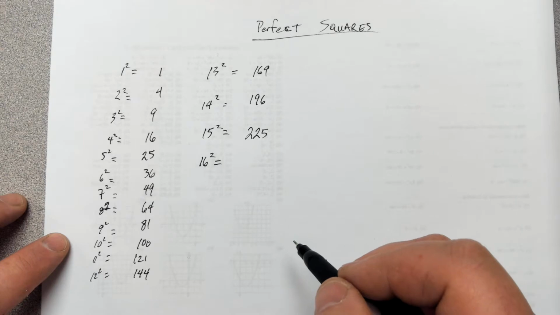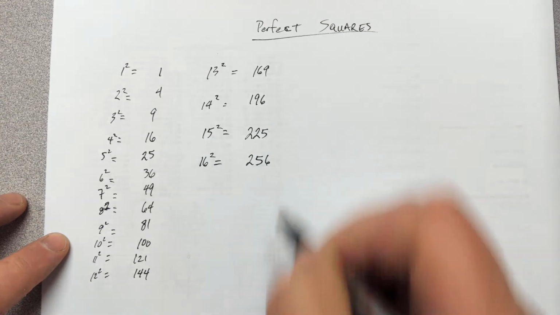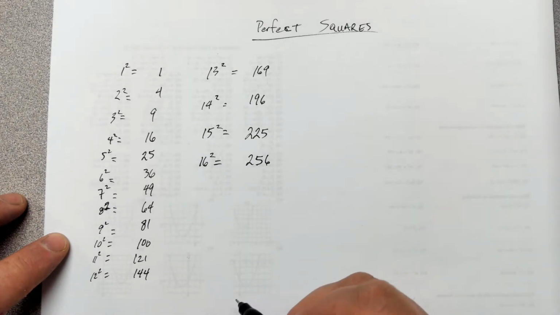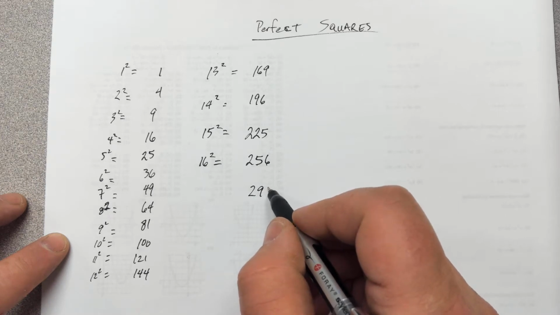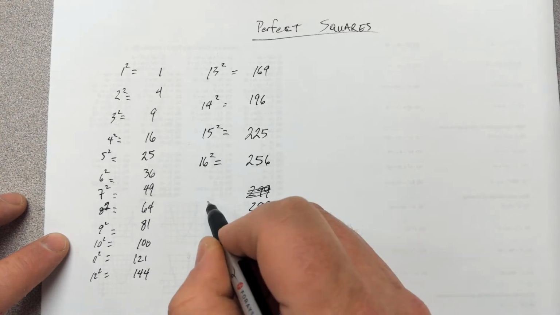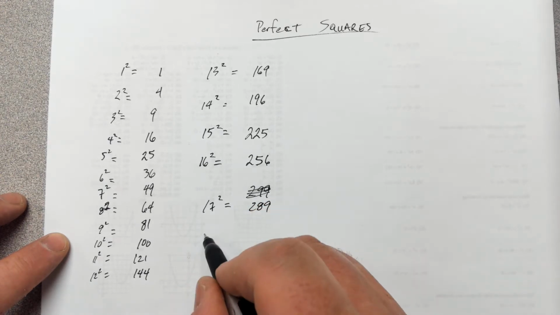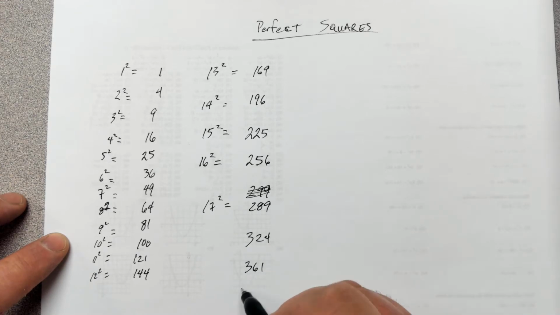I think it's 256. And then 17 squared, I think it's 289. And then 324, and 361, and then 400.